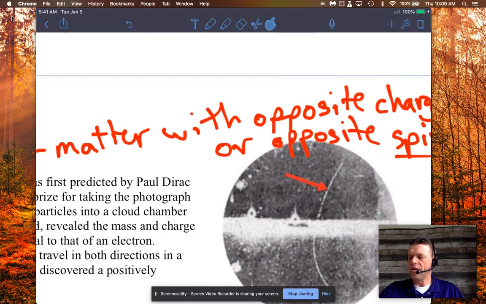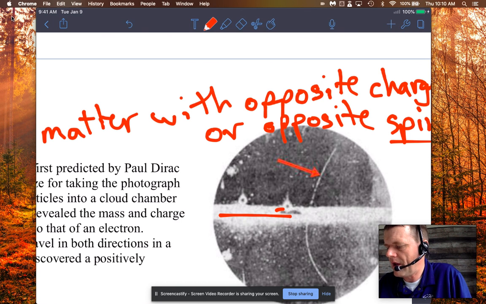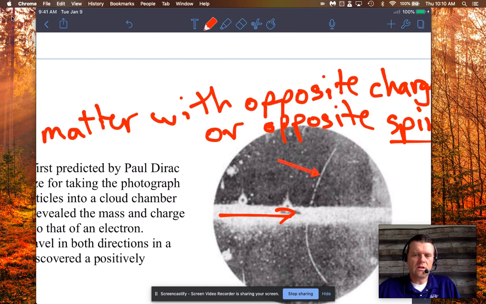And in this cloud chamber, there was a magnetic field imposed over the chamber. And what it meant was, using your third hand rule, let's say the particles were originally going this way, which looks to make sense in terms of their curvature. But anyway, one particle went this way and the other particle went that way.